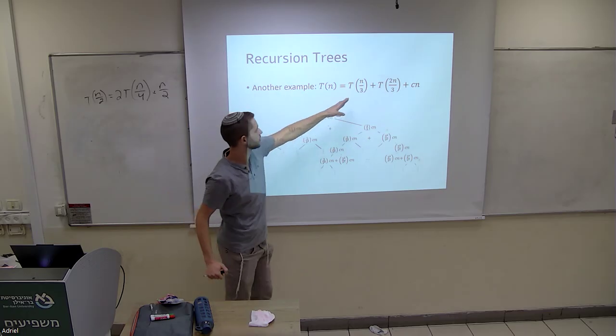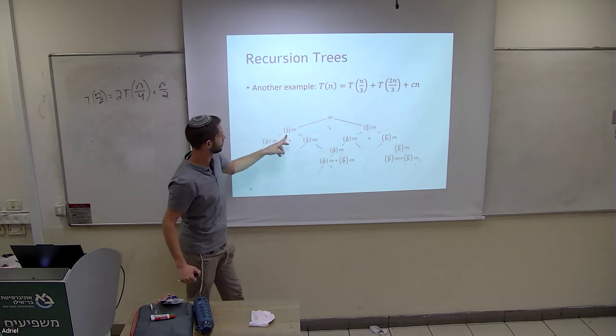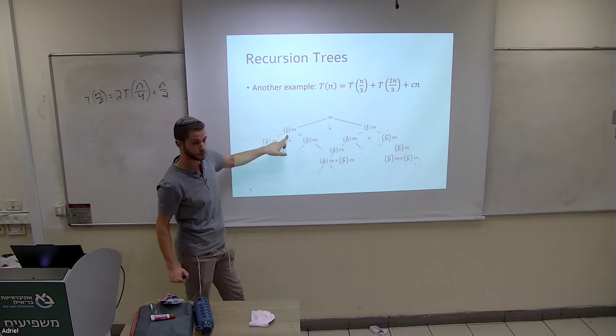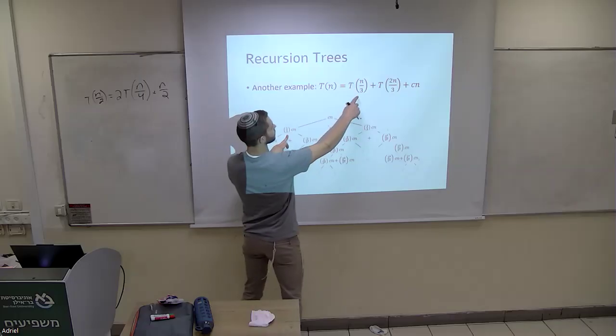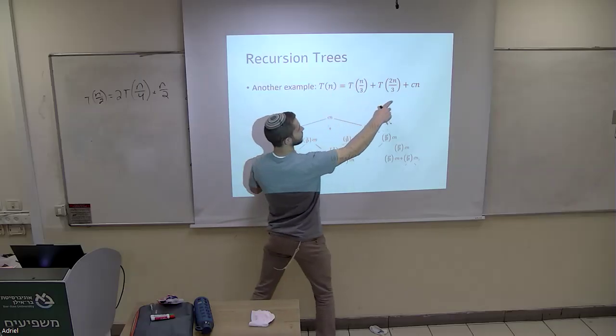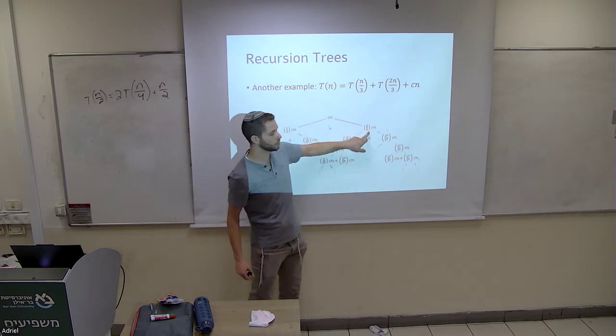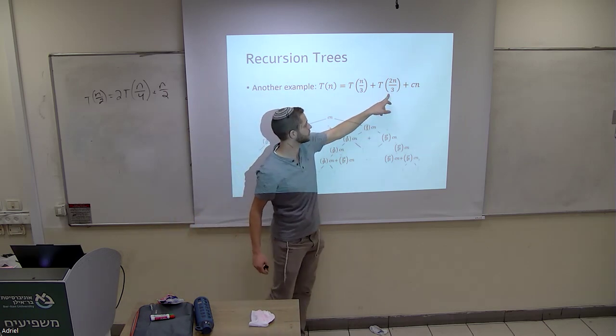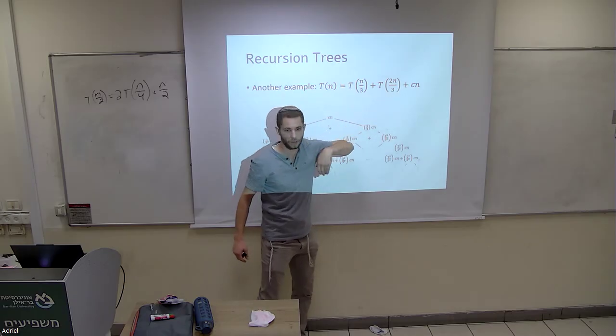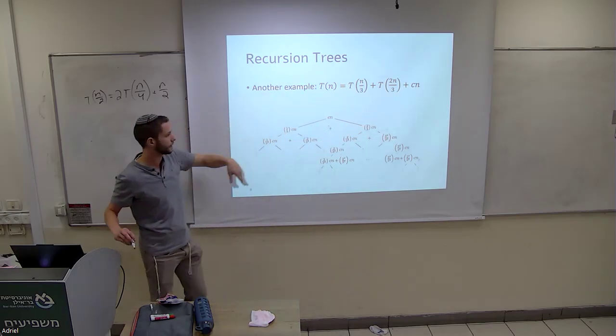Now we have the left call, which will be a third times cn, because we plug in into here. And here we have 2/3 times cn, because t of 2n divided by 3 will be 2 divided by 3 times cn.